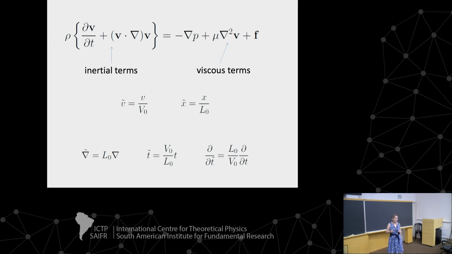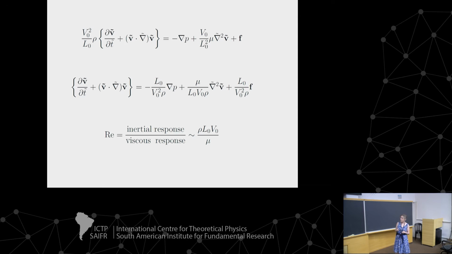I've done that for you. I've written everything in terms of dimensionless variables, and what comes out is an inertial term with nothing out the front, and here's my viscous term, del squared V.